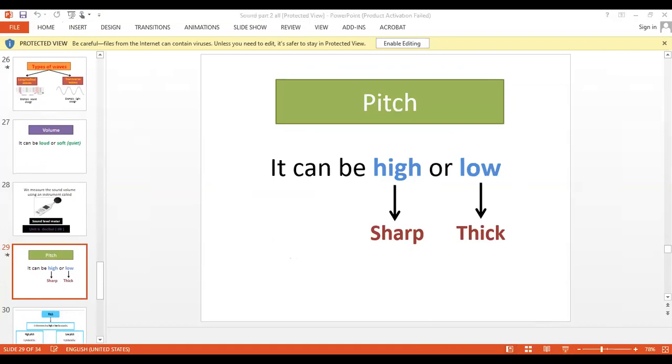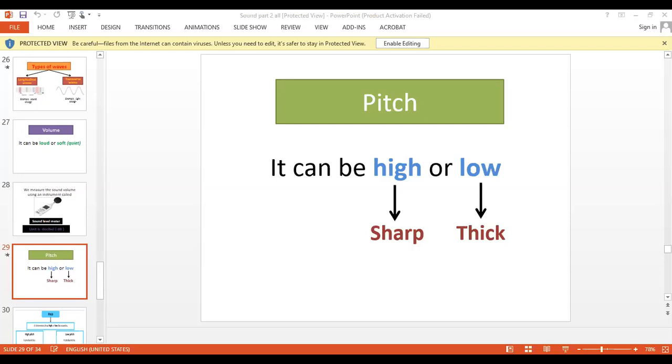So the pitch could be high or low, and by high we mean sharp. It's soft and high, and the low one is thick, like the man's voice. So the pitch determines how high or low the sound is.